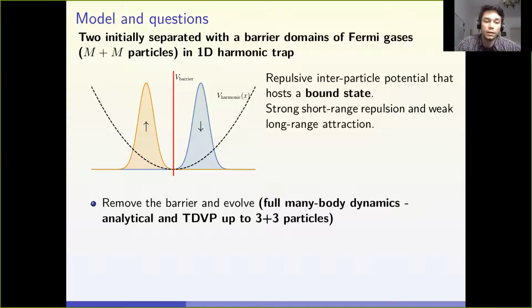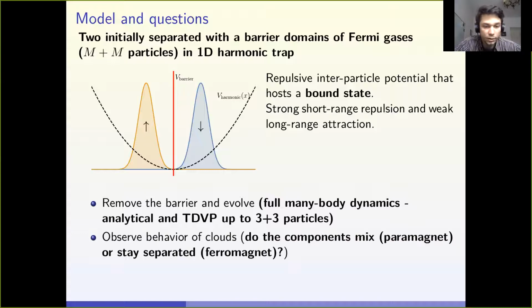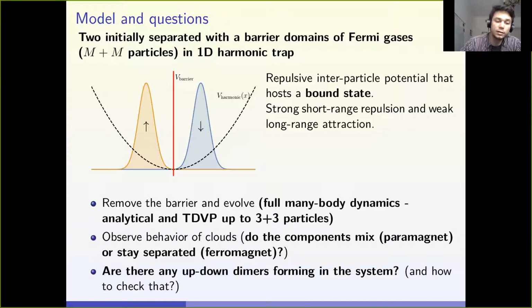We want to ask basically two questions about this system. The first one is just to observe the behavior of the clouds. Do the components mix and form a paramagnetic state, or stay separated and we have a ferromagnet? That's the first basic question. The second one, perhaps more interesting, is the question regarding the presence of pairs, dimers, being formed in the system.